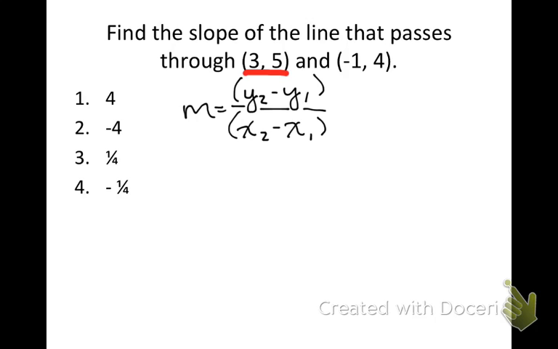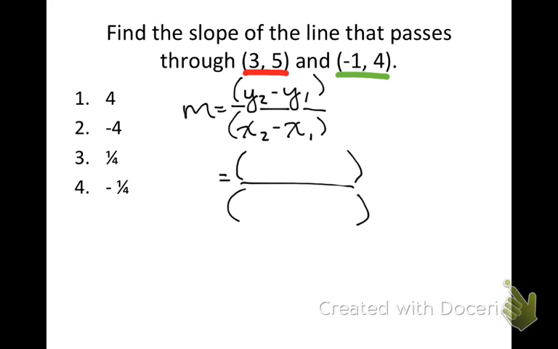Here's my first point, and let's be festive. Here's my second point. I want to make sure that my first point's values line up over top of each other and my second point's values line up over top of each other. So let's make sure. I'll go ahead and just set it up here. Make everything look like it does in the formula. And now I'm going to make sure things line up.